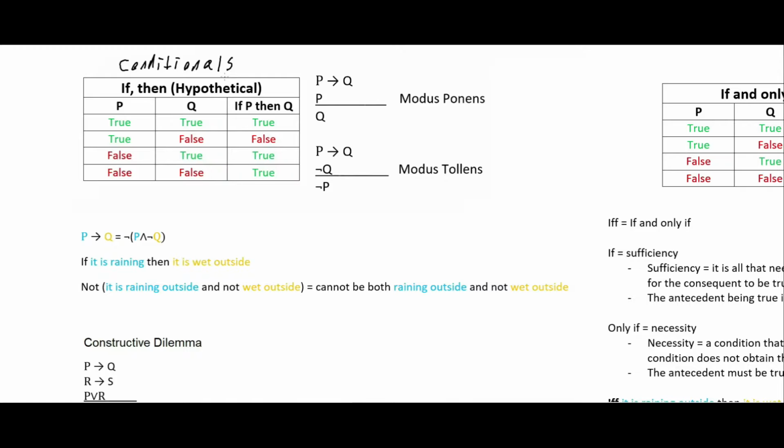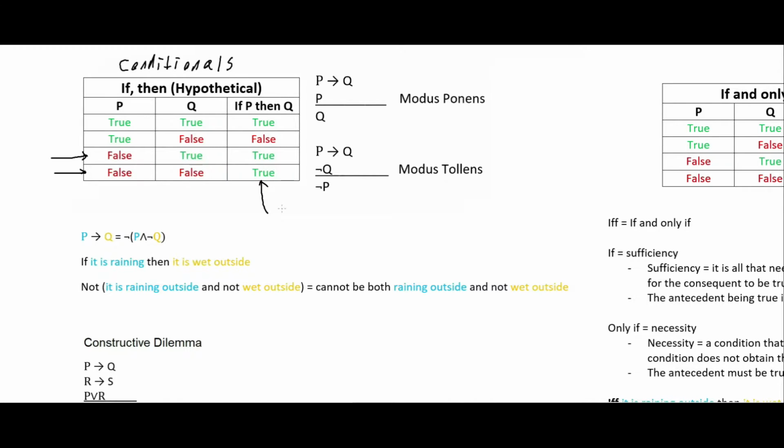Well, I guess just a spoiler: it's because the if part, the antecedent, is a condition of the consequent. But anyway, I talked in the last video about the if-then statements, and I gave this truth table, but I didn't really give a good explanation of it, because a lot of people might look at it and think, well, if one of these things is false, then how can the if-then statement still be true?